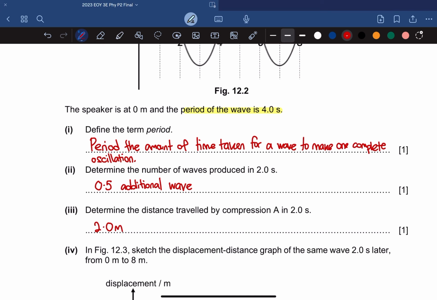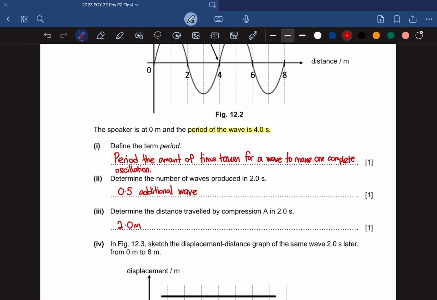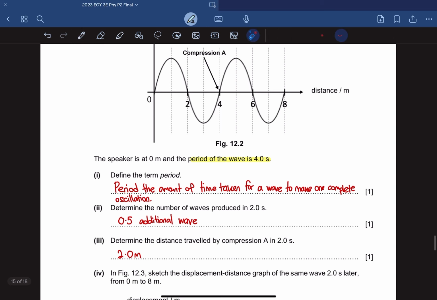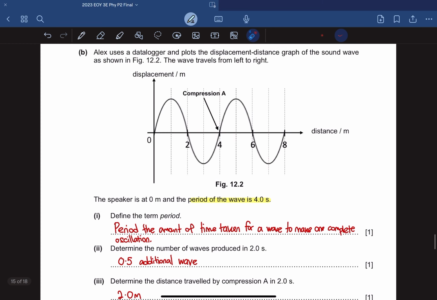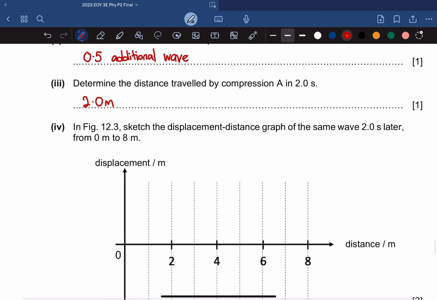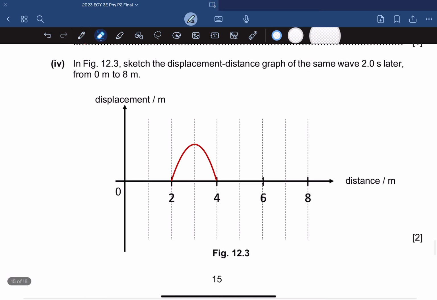Then for the last part, sketch the displacement distance graph of the same wave 2.0 seconds later. We identified from part 2 that 2 seconds later, only half a wave cycle will be produced. So this entire graph we see from figure 12.2 will shift to the right by half a cycle. If I draw this out very carefully, the original graph looks something like this, and it shifts to the right by half a cycle.